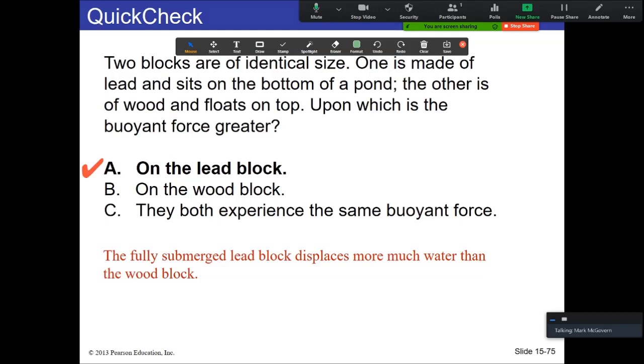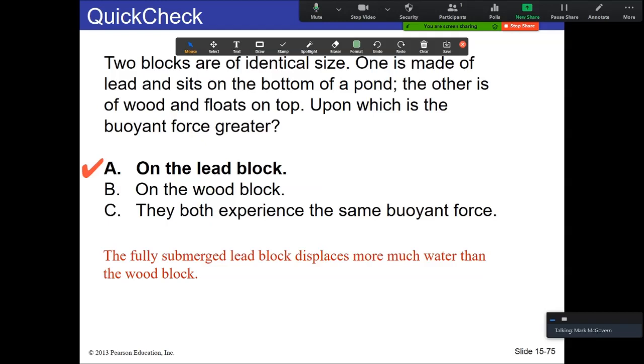Say the block is half submerged, well, it's only displacing that amount of fluid, which is not as much as the lead block, assuming they start from the same size. What is the wood block doing? The wood block turns out to be displacing enough fluid that matches its gravitational force. And so that's why some of it will float above the water, and we're going to look into this for a minute. But this is really the key to submersion and floating.